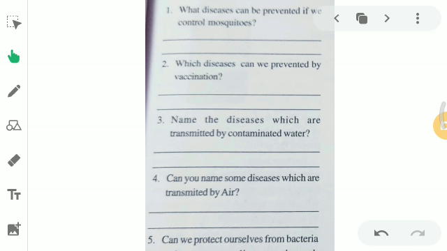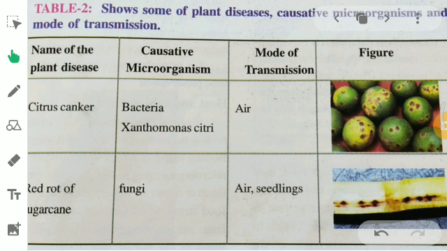If the disease is caused by protozoa, there is no vaccine. That is how diseases are caused by some microorganisms in humans.